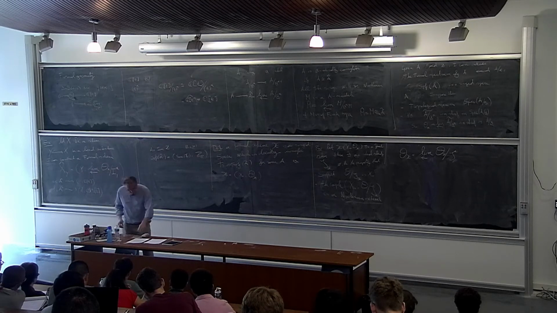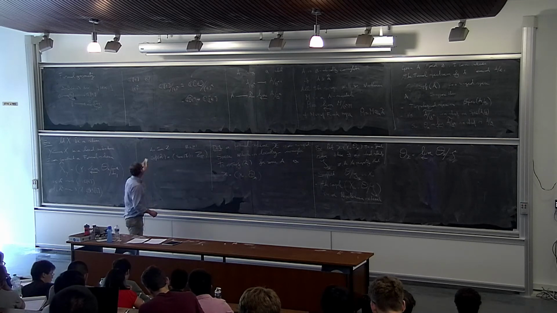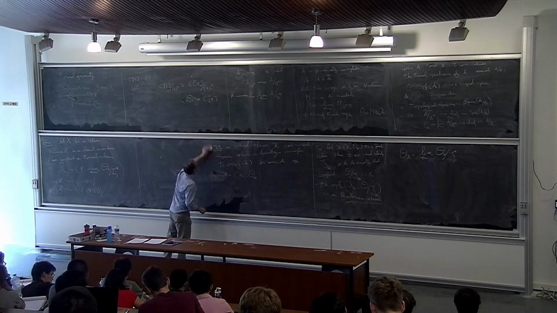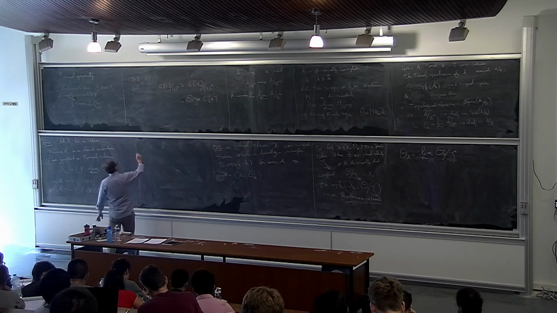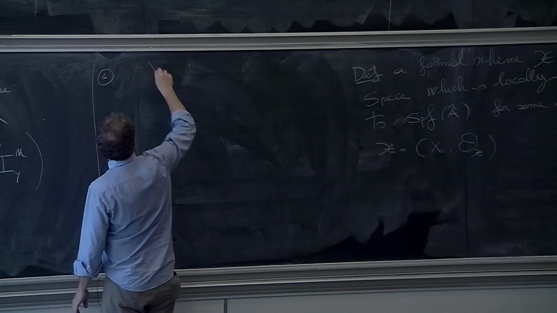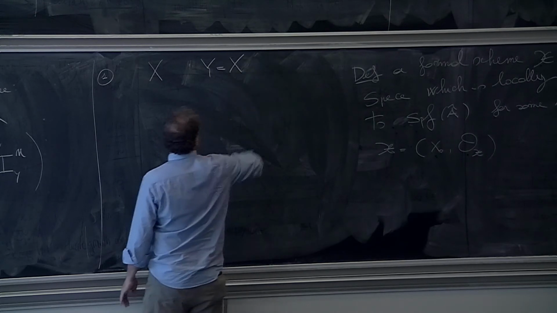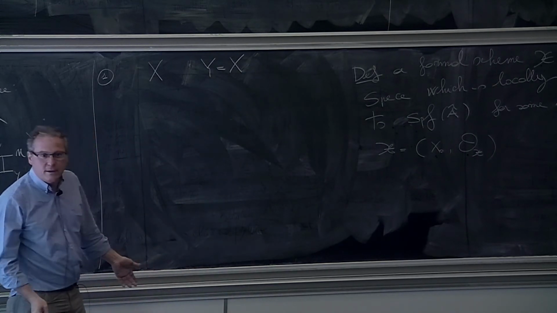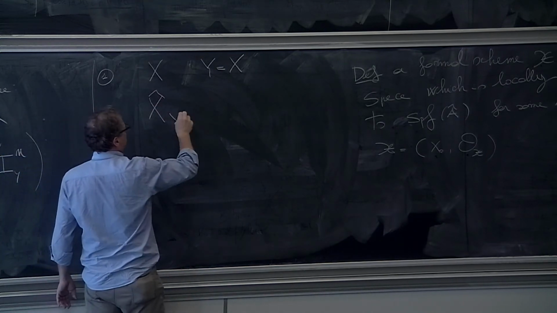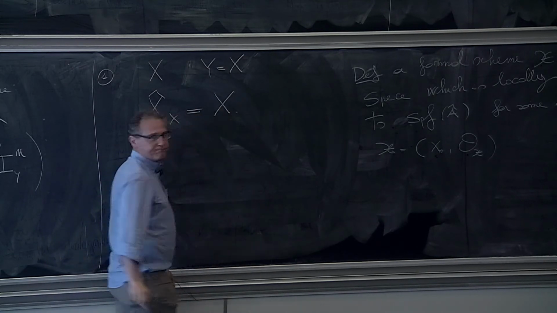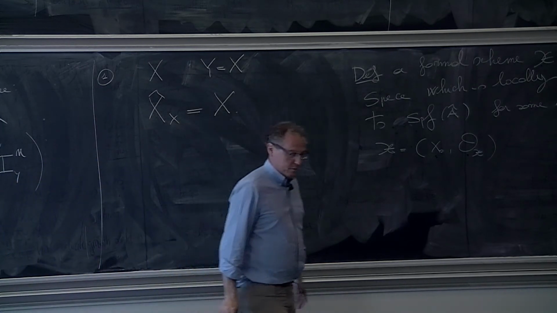And we have two things which are very important to remark. The first thing is if you take Y equal to X, which is a closed set inside X, you find that the completion of X in X is just X, with its structure sheaf.